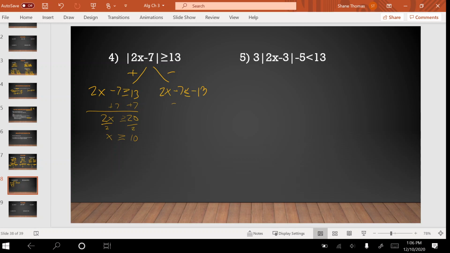Okay, over here, add a 7. Add a 7. So I have 2x is less than or equal to, what's negative 13 plus 7? Negative 6. There we go. Divide both sides by 2. This is less than or equal to negative 3.